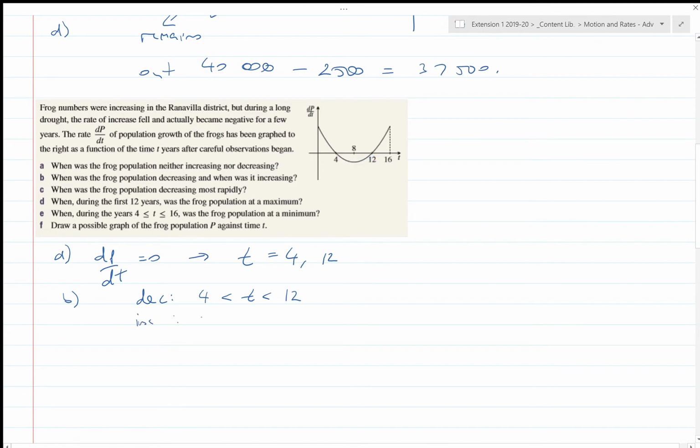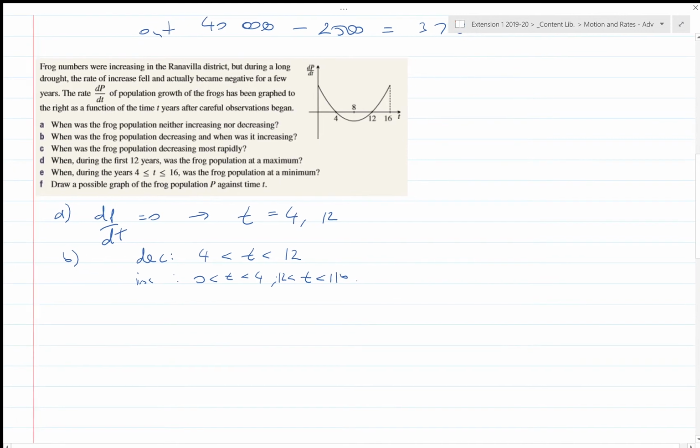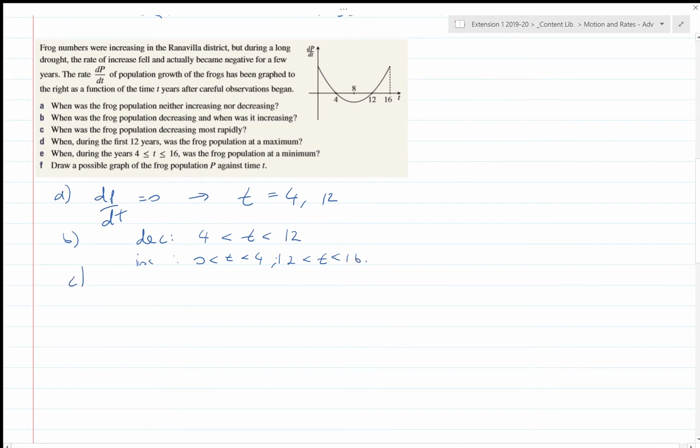Increasing is from 0 up to 4 and between 12 and 16. Decreasing most rapidly is at 8, the bottom.